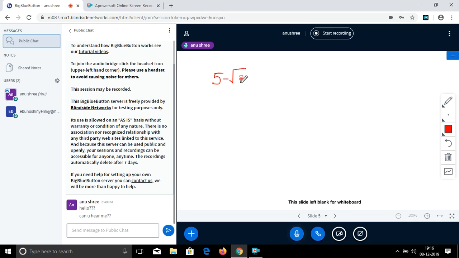Five minus root 3 multiply. So solve this one.